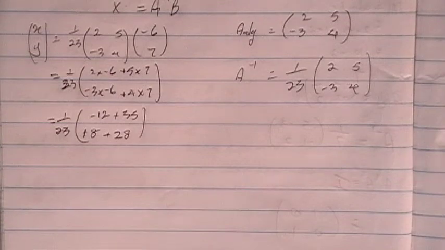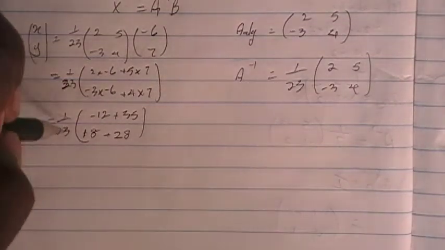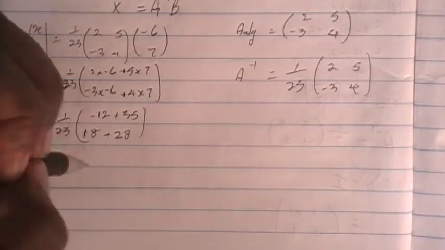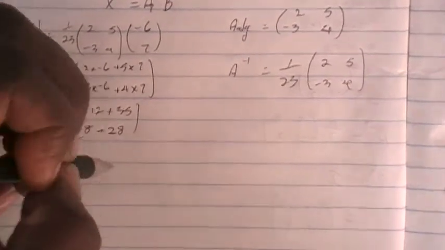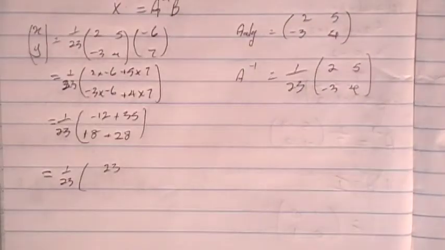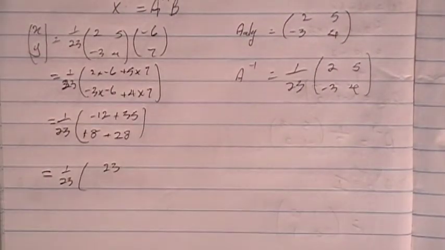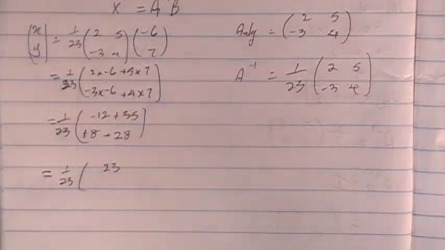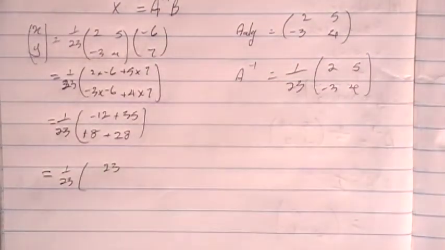Now we need to add or subtract them, and we know that this here is 1 over 23. This will be 23. 35 minus 12 will give you 23. And 28 plus 18 gives you 46.